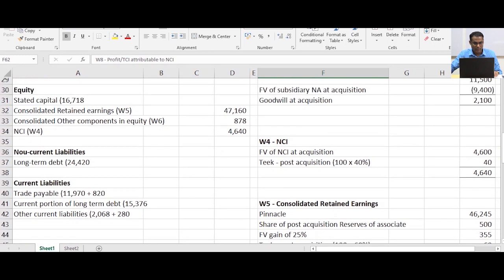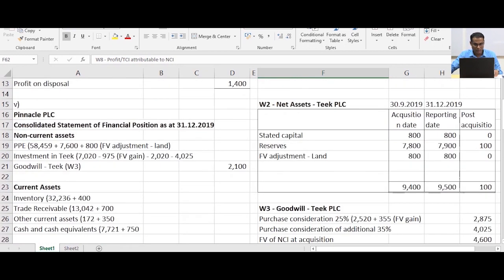Right now I'll take the assets and the liability values as well. PP&E, how much is the total? 58,459 plus 7,600 plus 800, 66,859.